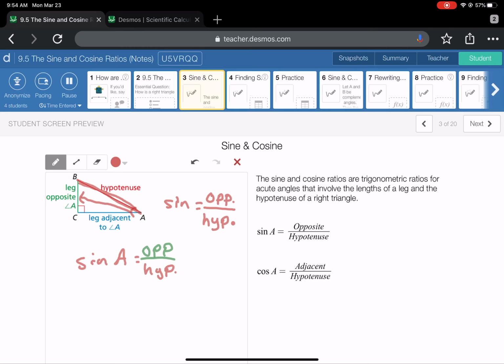The same goes for cosine. So let's say I was trying to find the cosine of that same angle A. To find the cosine, we would do the adjacent, which is the side connected to or next to the angle, over the hypotenuse.